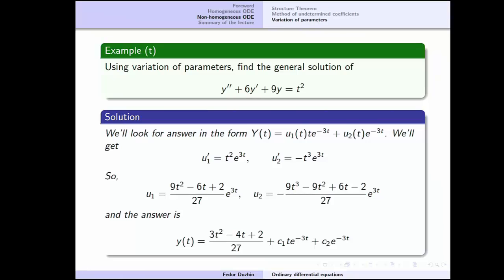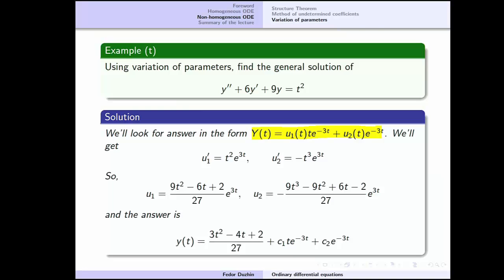Okay, so here is the final answer typed again, so let me review it very quickly. First we look for the answer in this form. So it is a combination of the linearly independent solutions of the homogeneous equation with coefficients that are functions of t.